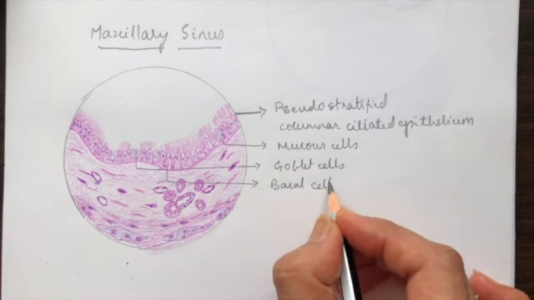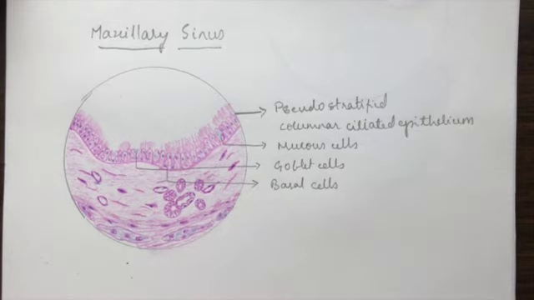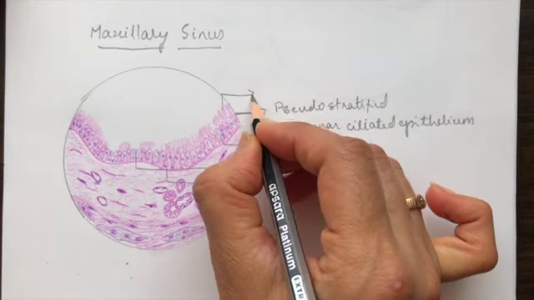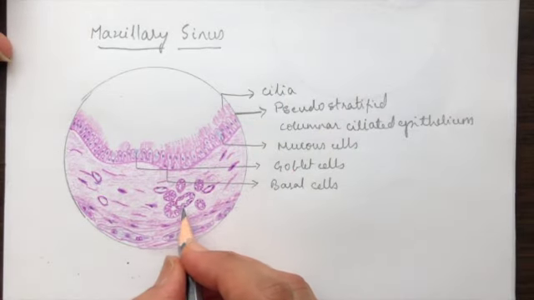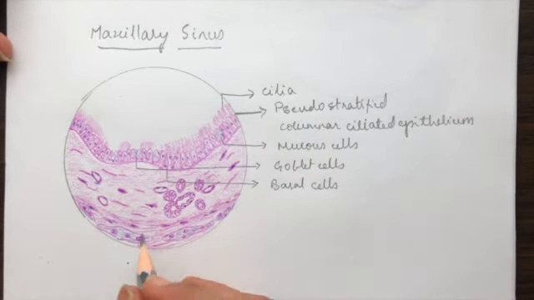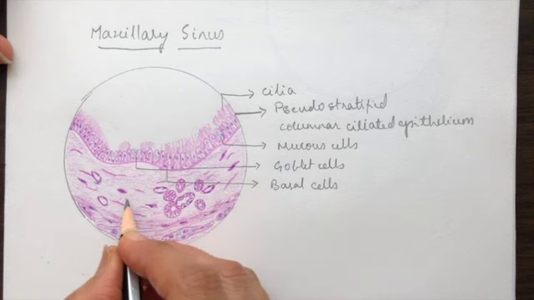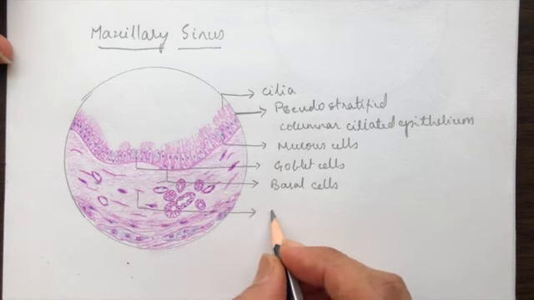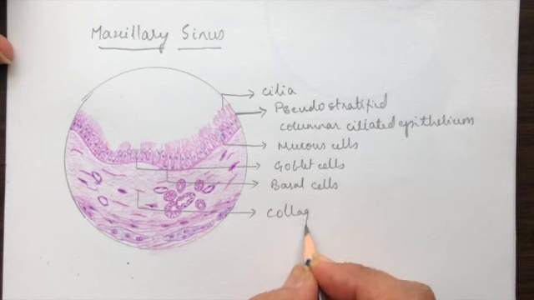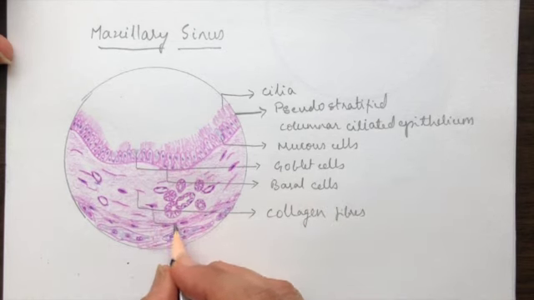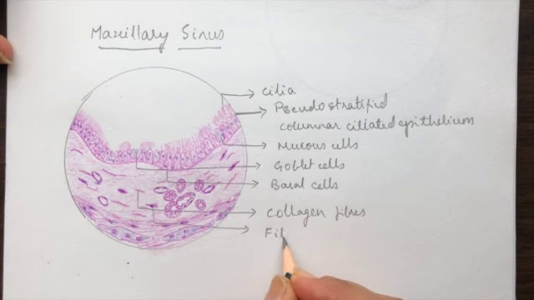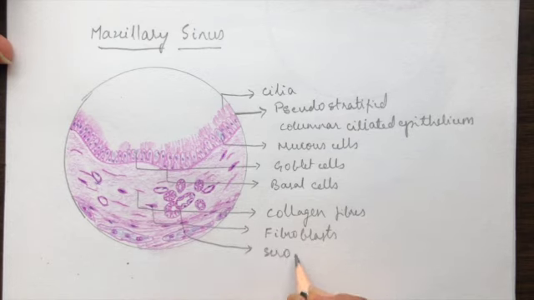So all the cells of the epithelium we have labeled, and of course the cilia. Now the connective tissue, or the lamina propria, consisting of collagen fibers, fibroblasts, blood vessels, etc., and the seromucous glands.